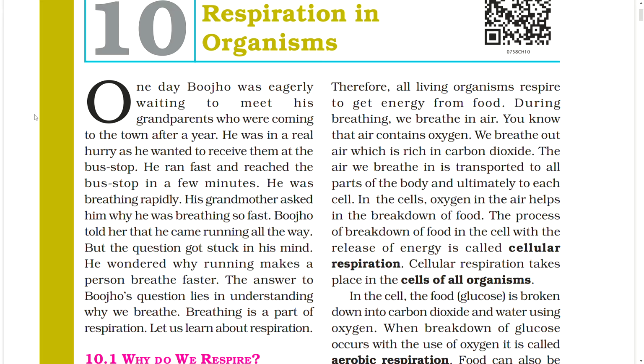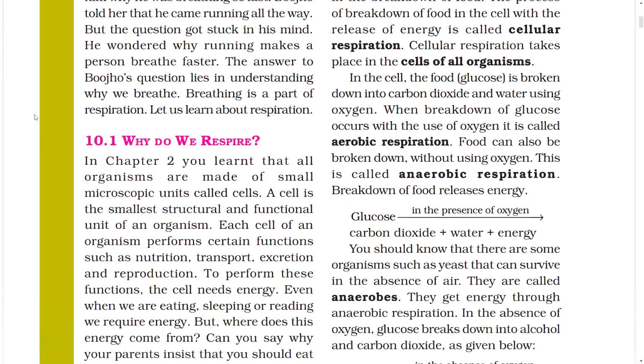Cellular respiration takes place in the cells of all organisms. In the cell, the food, glucose, is broken down into carbon dioxide and water using oxygen. When breakdown of glucose occurs with the use of oxygen, it is called aerobic respiration.